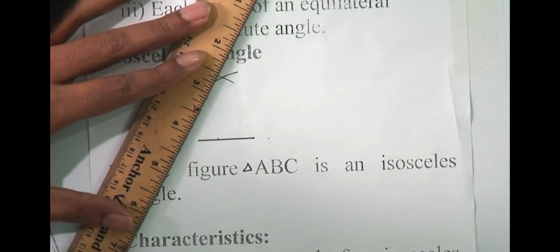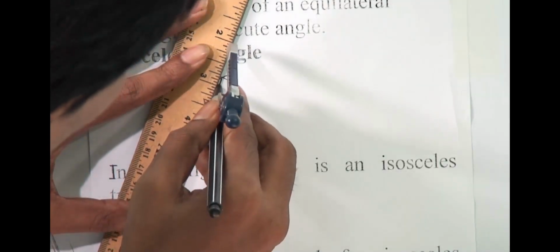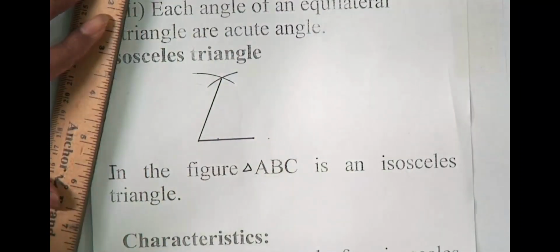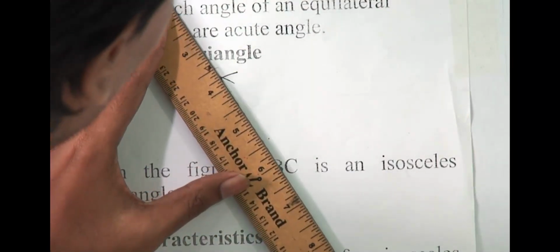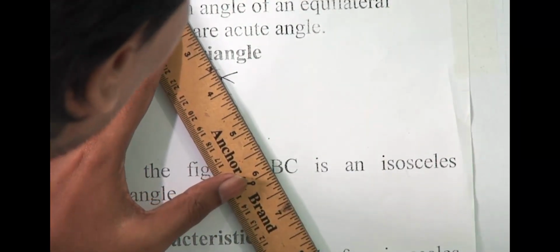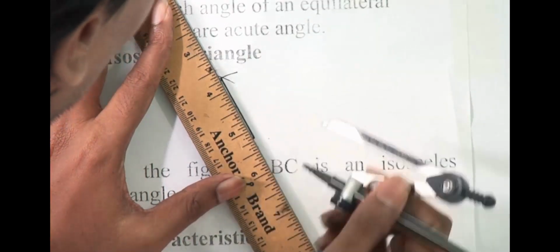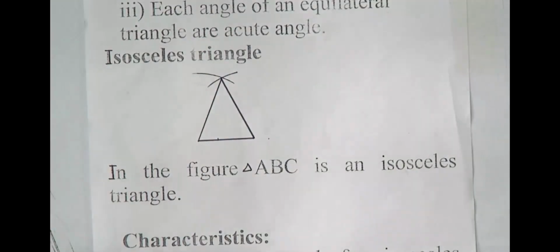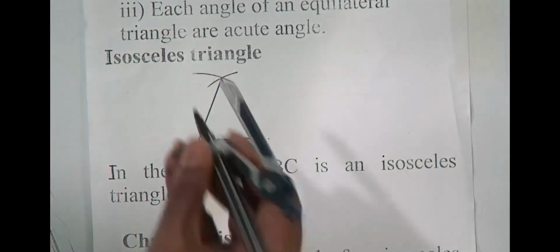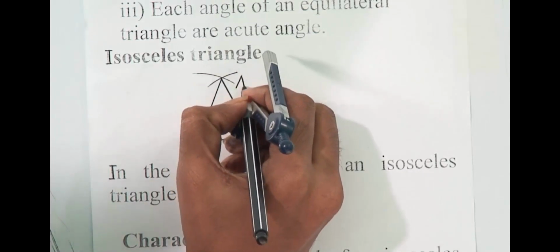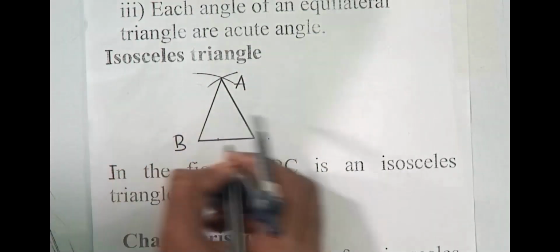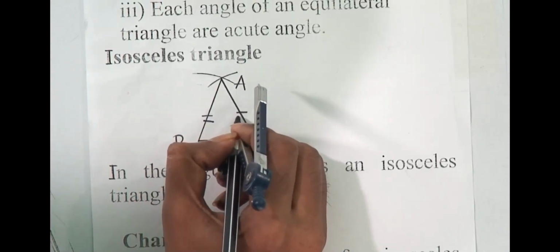You have to join, also you join. Dear student, you write here A, B and C. This side and this side are equal.